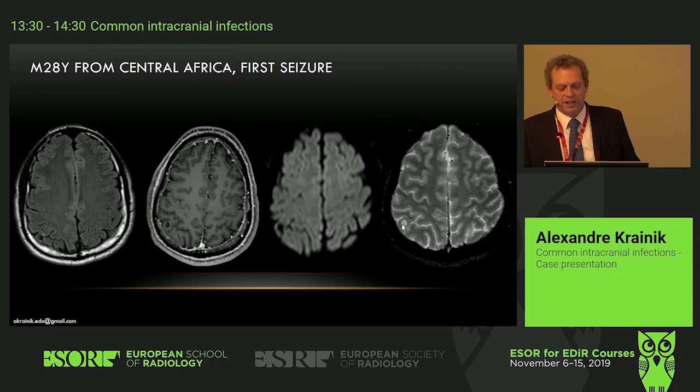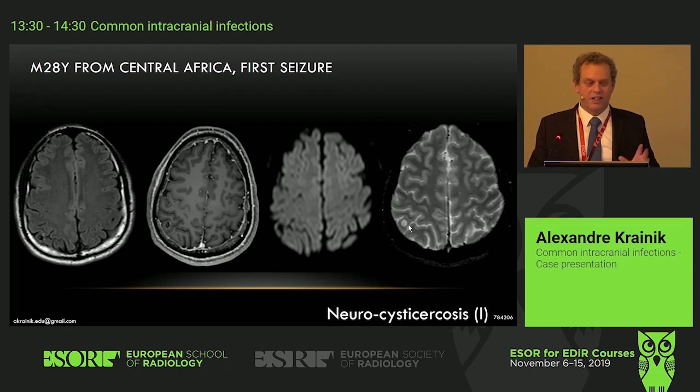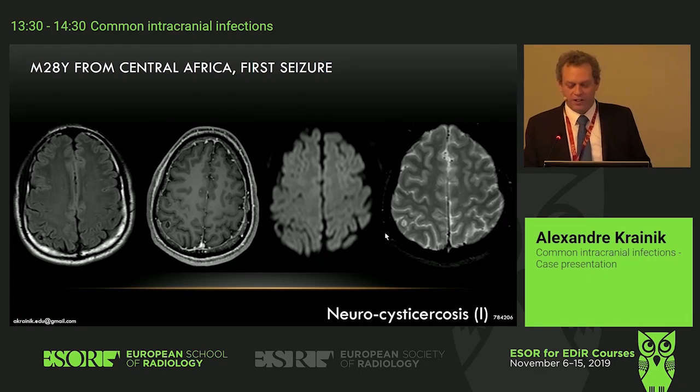What you have to think is it could be neurocysticercosis because of the origin of the patient, and you have to look for it. Especially at the early phase, you don't have a clear reaction of the brain against this foreign or alien agent.